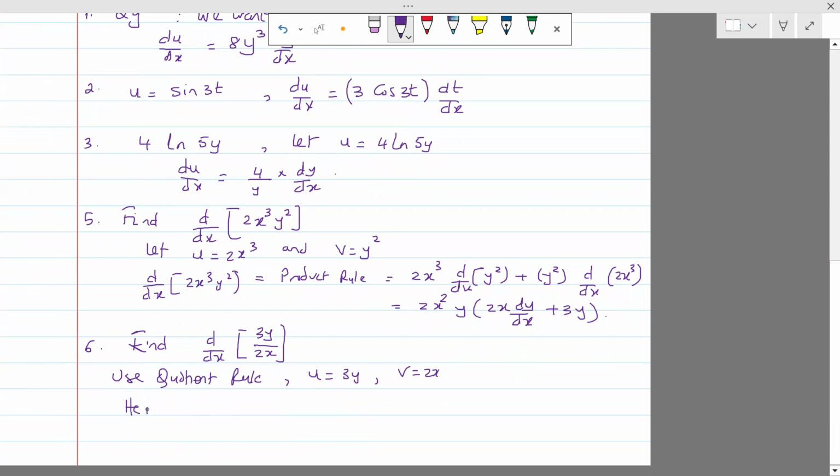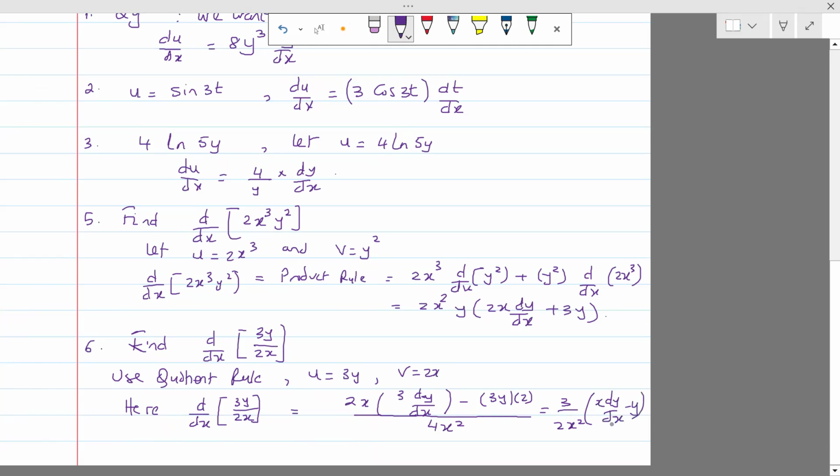So here the derivative with respect to x will be equal to this, and upon further simplification it will give me this answer.